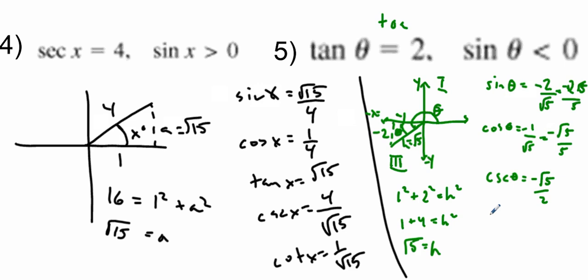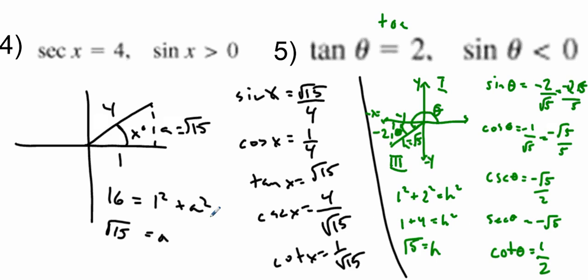Secant of theta, the reciprocal of cosine, is going to be negative square root of 5. And cotangent of the angle is the reciprocal of tangent. We have tangent of 2, so 1 over 2, or negative 1 over negative 2, which gives us positive 1/2.